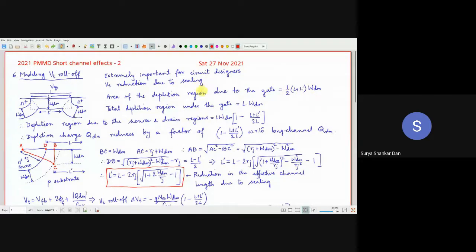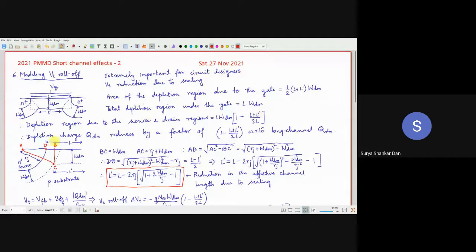We are considering only the area because the width factor W always remains the same, so we are not bothered about it. So the depletion region due to the source and drain regions will be L WDM times 1 minus, and since we have taken L WDM out, it will be divided by L here.